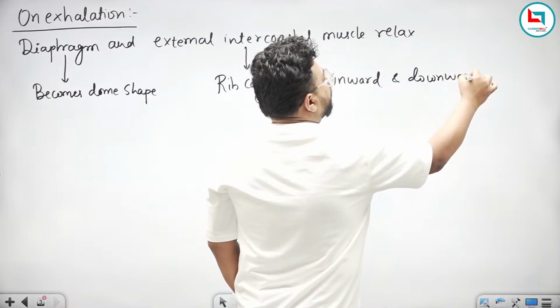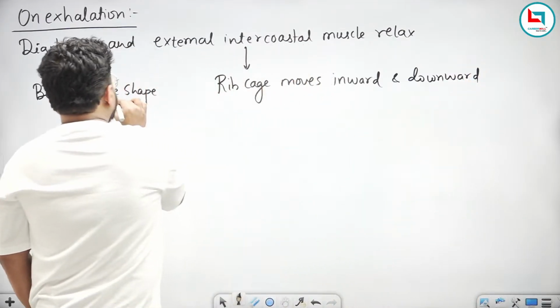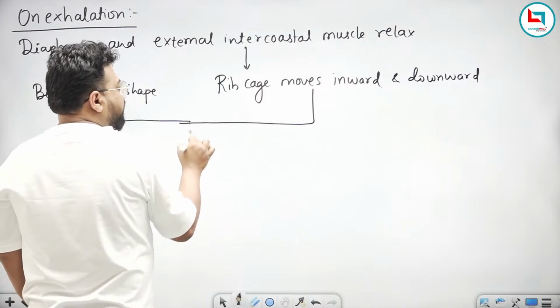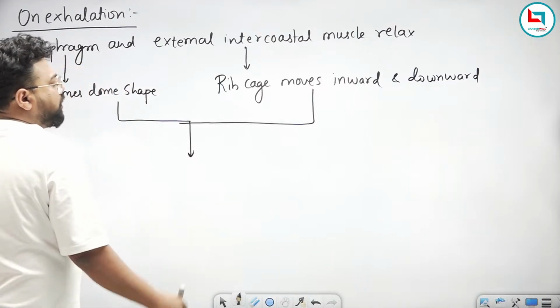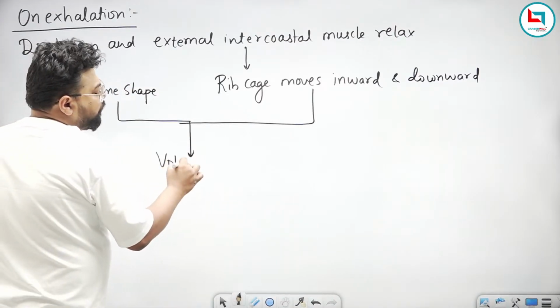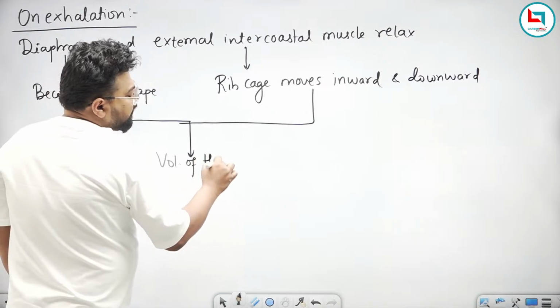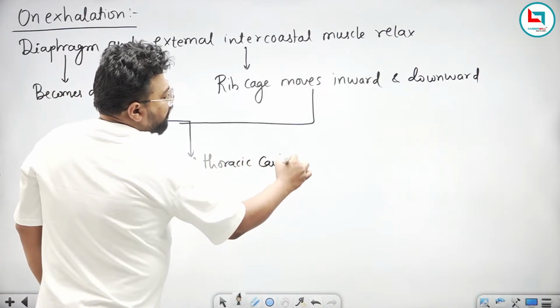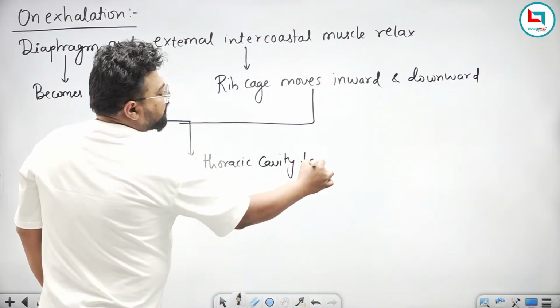And due to both of these phenomena, the diaphragm becomes dome shaped and the rib cage moves inward and downward, the volume of the thoracic cavity decreases. Now, we have already discussed Boyle's law.